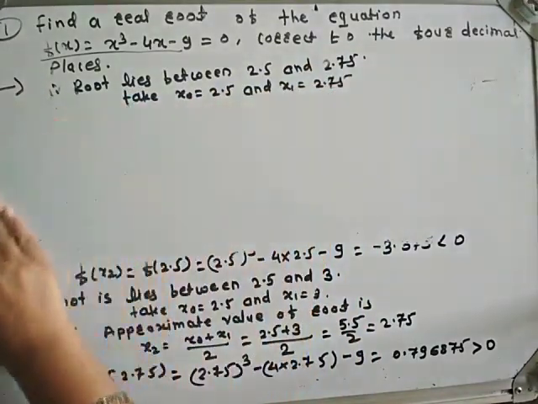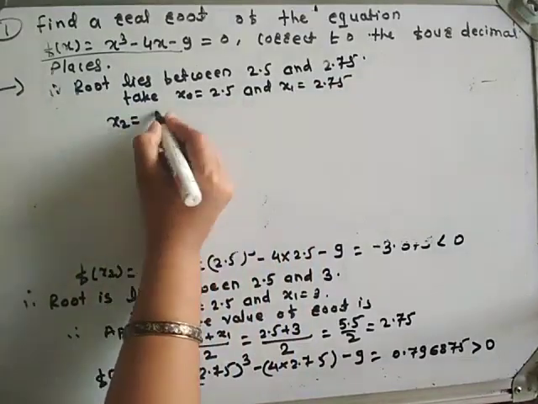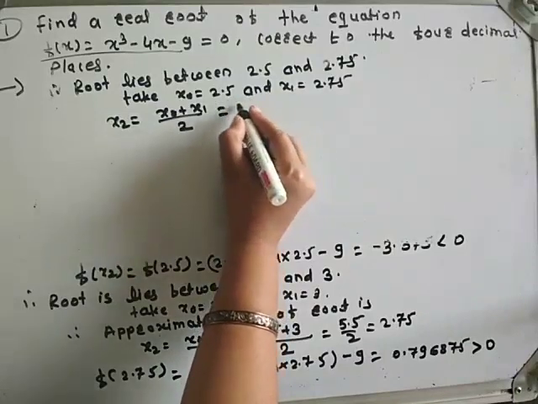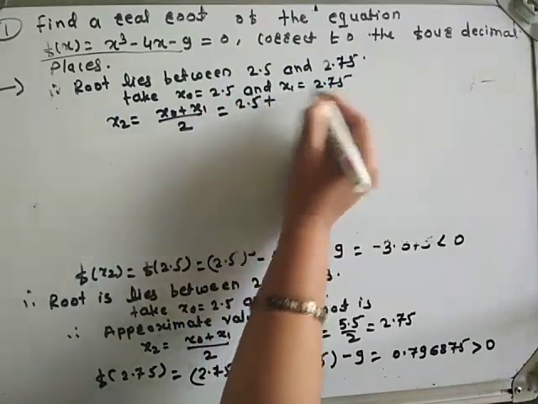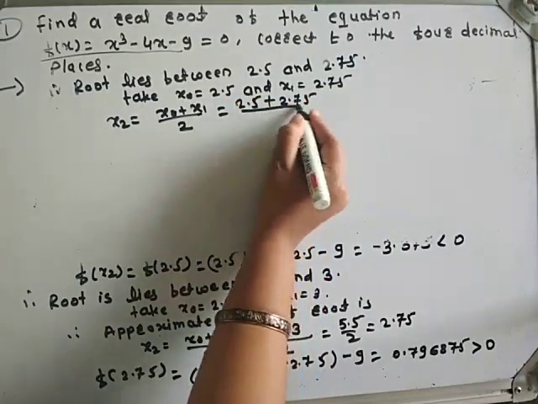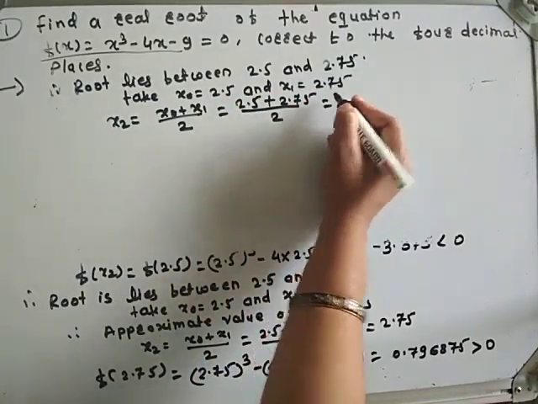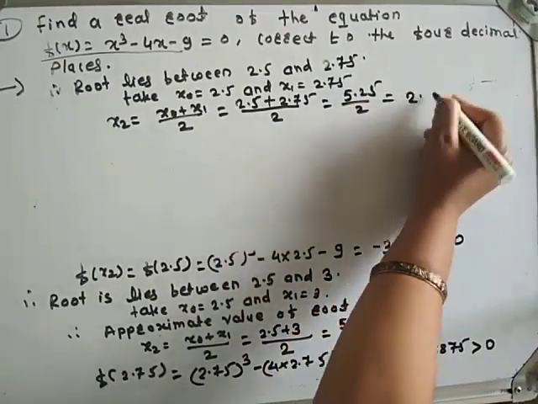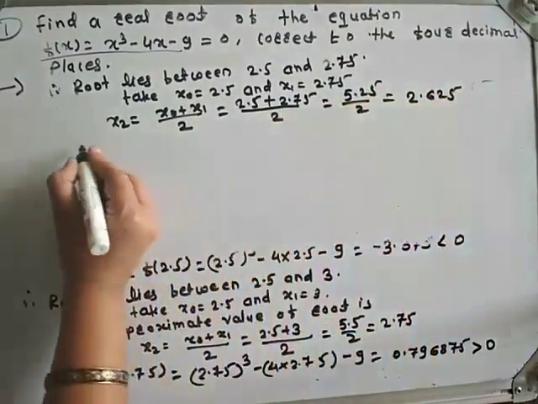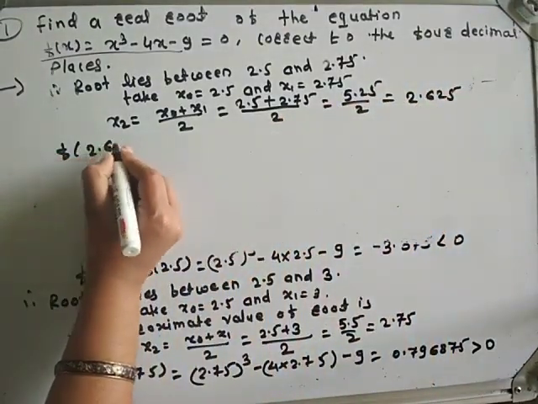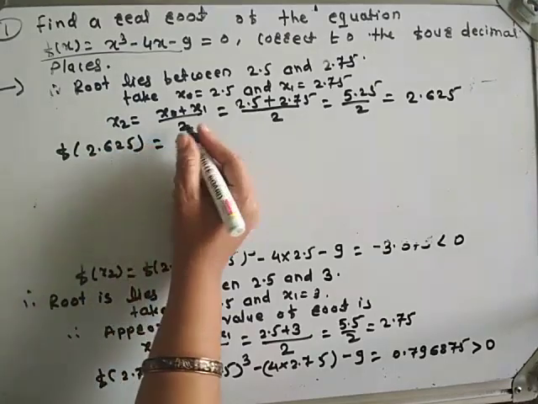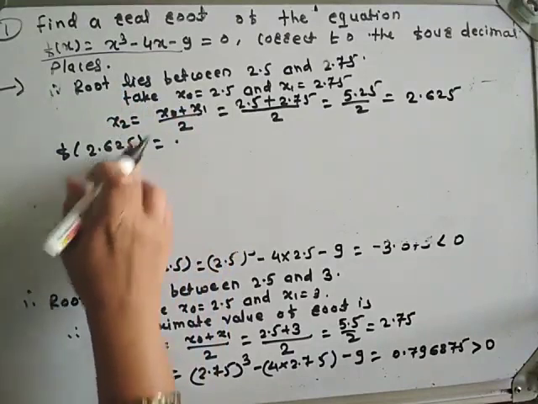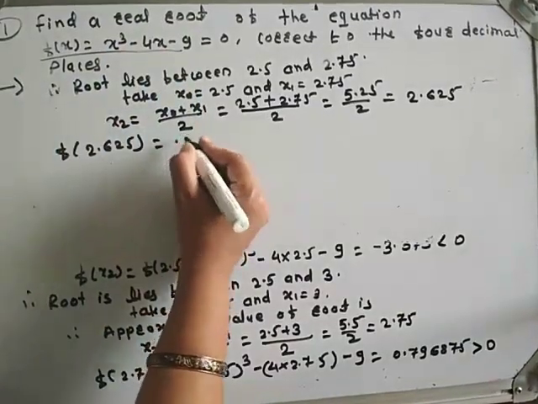Therefore, the approximate value of the root is x2, which equals x0 plus x1 upon 2. x0 is 2.5, x1 is 2.75, so 5.25 upon 2, which equals 2.625. Now calculate f of 2.625. Put the value of x equals 2.625 in f of x. What do we get?